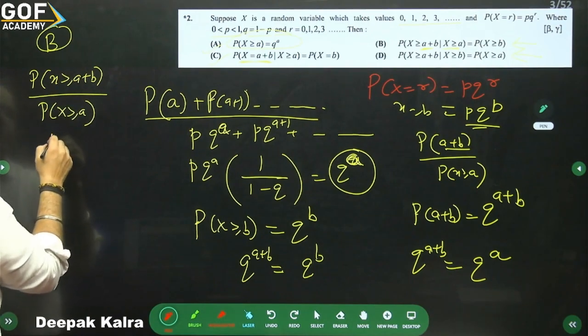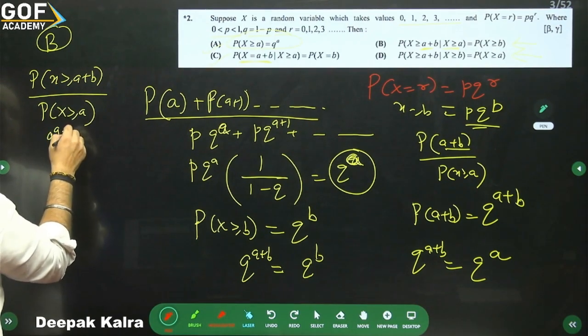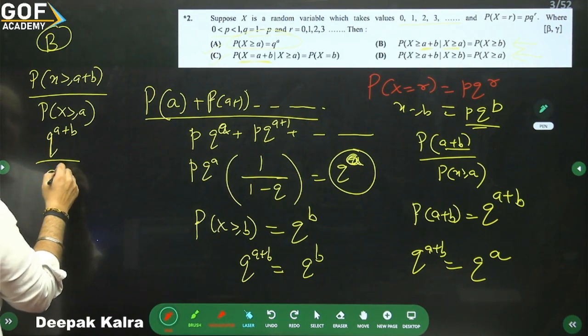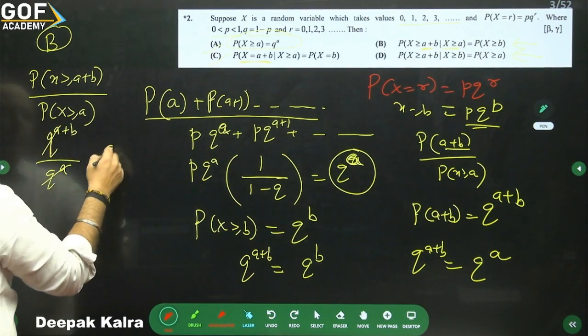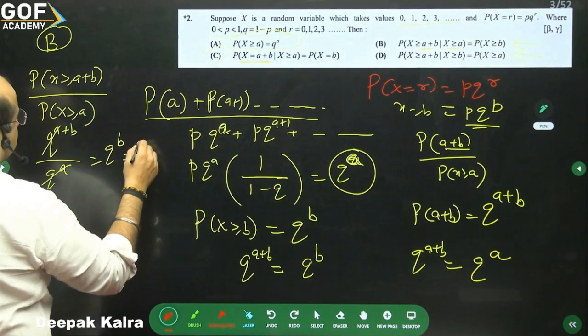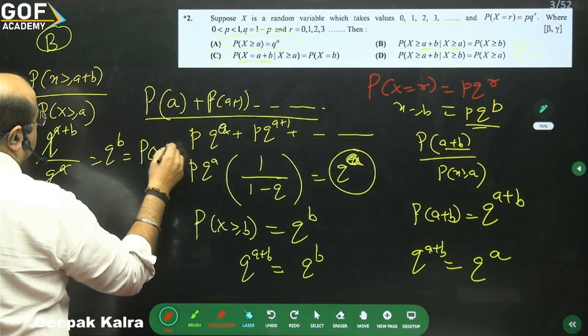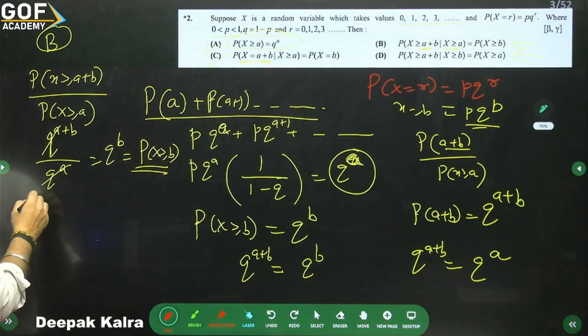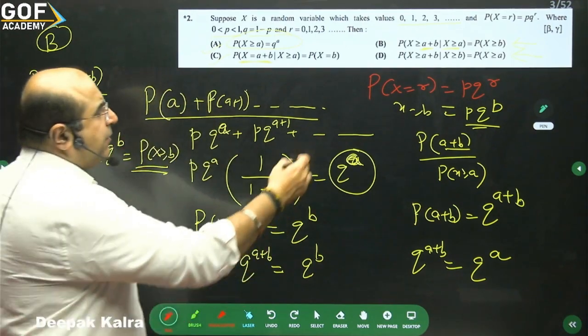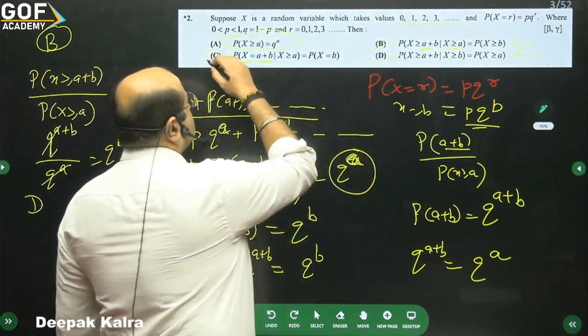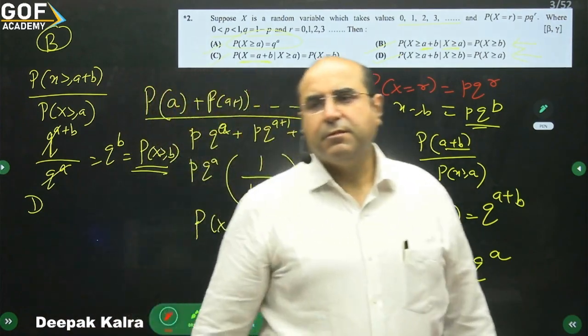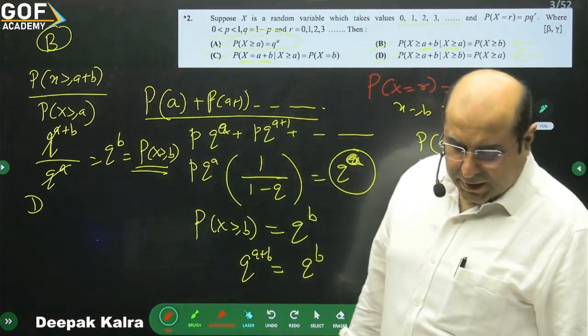Your answer is q raised to the power a plus b over q raised to the power a. This is gone. Q raised to the power b, which is nothing but P(x greater than or equal to b). Correct. And C is already there. D again you will check, you will get the answer for D also. You understood, everyone? Yeah, tell me the next.